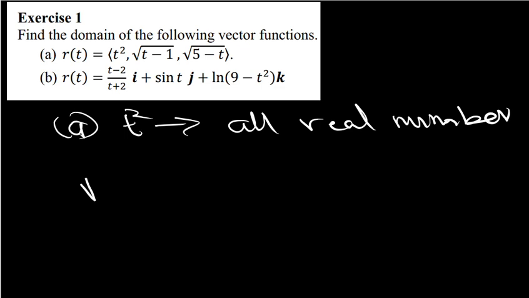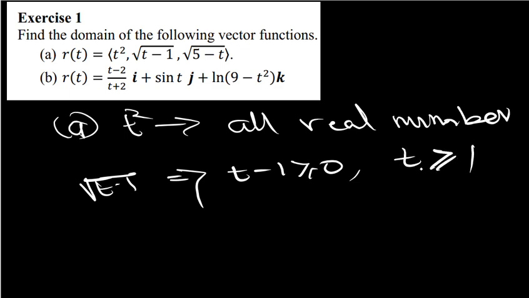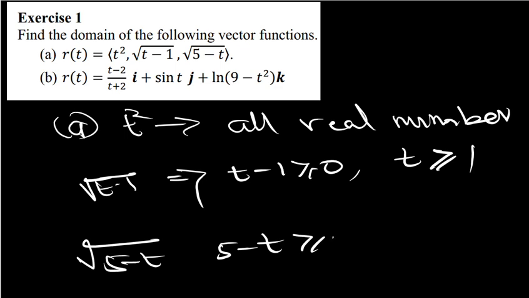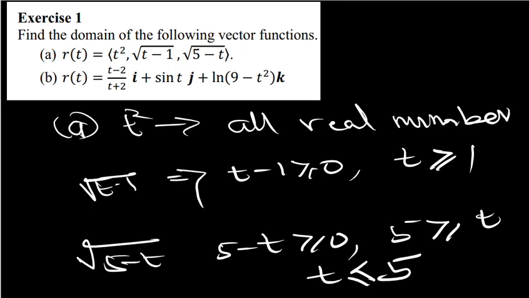For the square root of t minus 1, the domain is when t minus 1 is greater or equal to 0, or otherwise, t is greater or equal to 1. Then the square root of 5 minus t is defined when 5 minus t is greater or equal to 0, or 5 is greater or equal to t, or better still, t is less than or equal to 5.